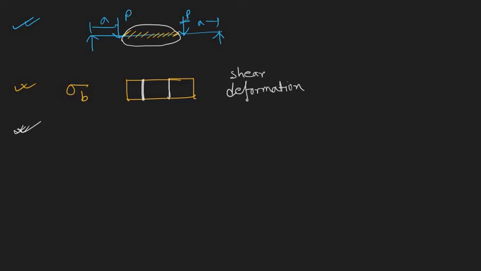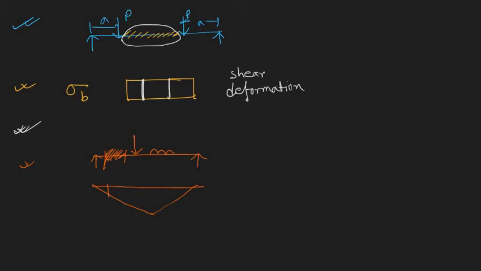In the last video we discussed that when a beam like this one is subjected to any arbitrary loading like this, it has a bending moment diagram like this. Any part of this beam is under the action of bending in association with some shear force.